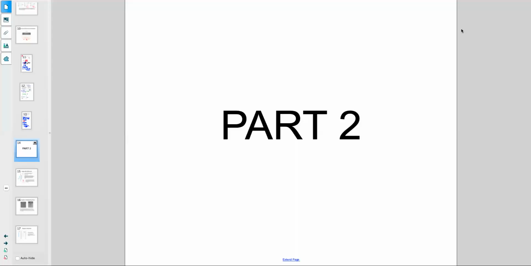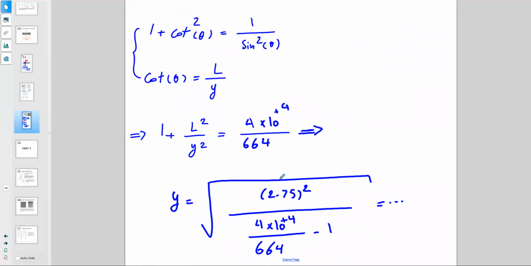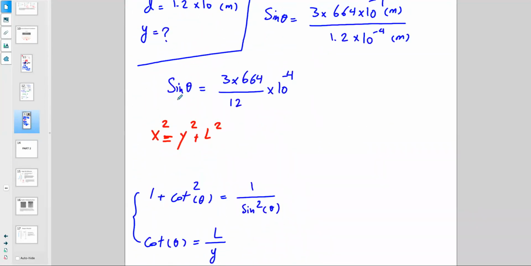Chapter 28, part 2. But before we go to part 2, I would like to go over another way of solving this problem. Remember that we found the value for sine. Sine theta is 3 times 664 times 10 to the negative 4 over 12.